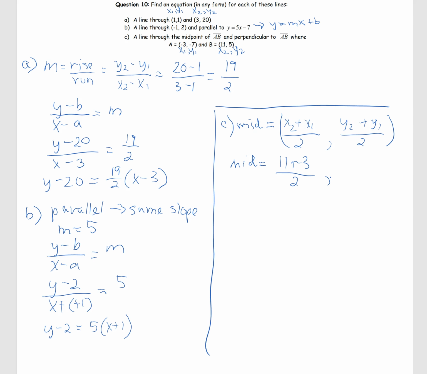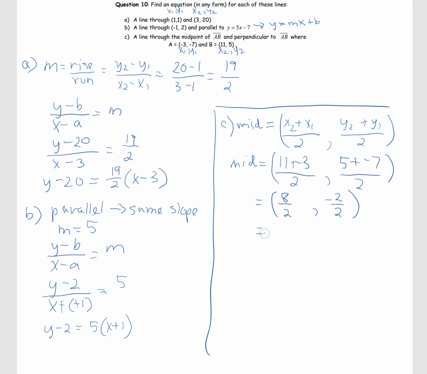And for the y value, it gives me (5 plus -7) over 2. And so 11 plus -3 is 8 over 2, and 5 plus -7 is -2 over 2.